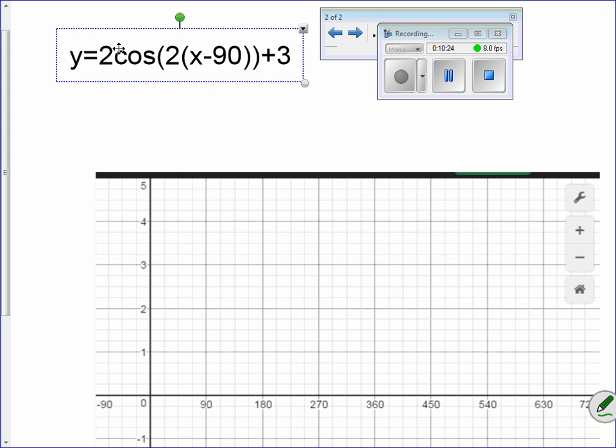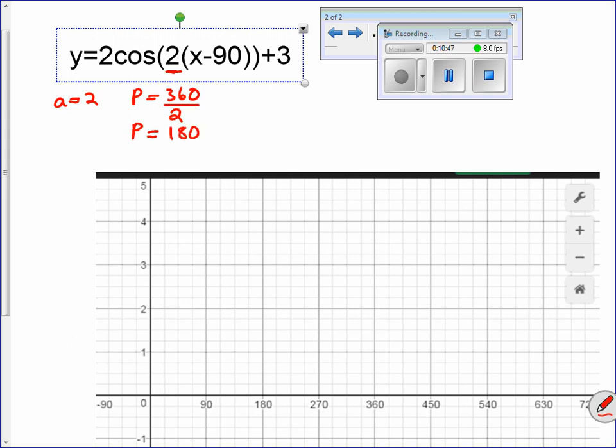I'm going to take a look at the amplitude and all this other stuff that we used to look at before. The amplitude, A, is 2. The period is equal to 360, and then we use this 2 and divide by it. So the new period of my graph is going to be 180.